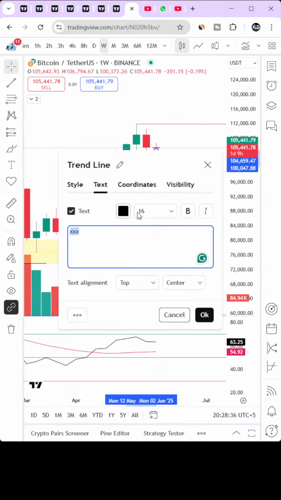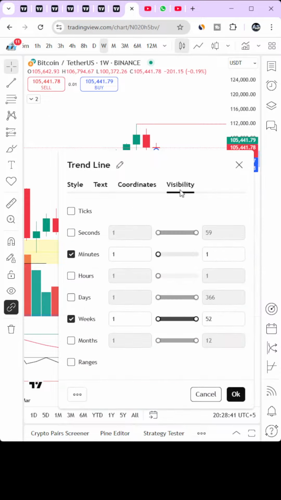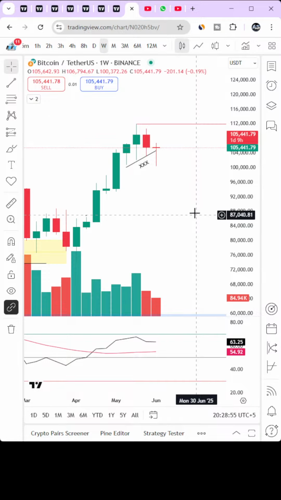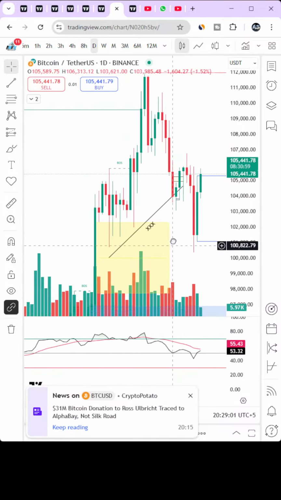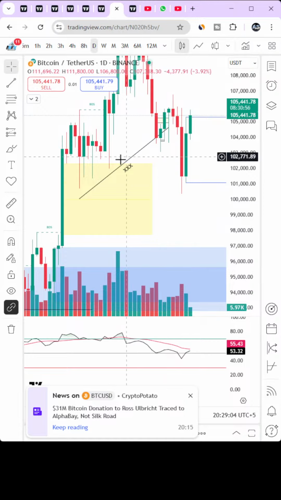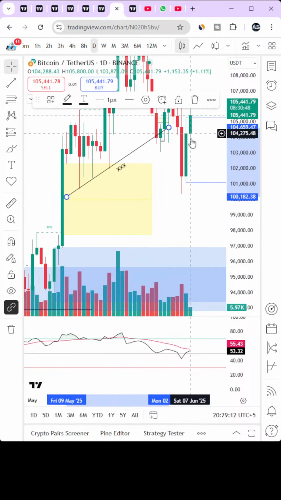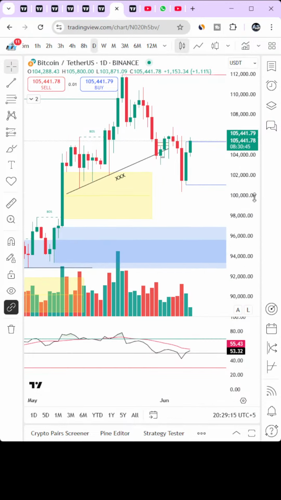This is the daily. Now see here, buyers' stop losses were present there. Now you can see clearly the market has taken them according to the daily time frame.